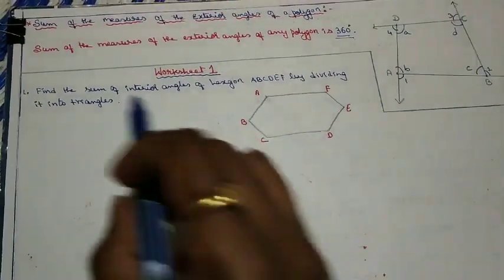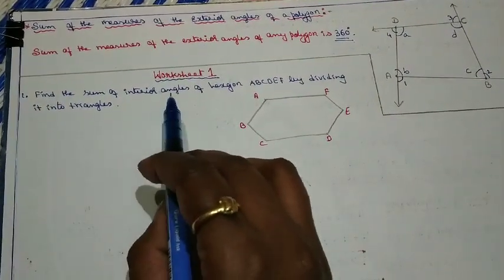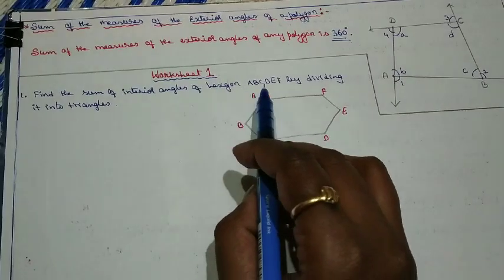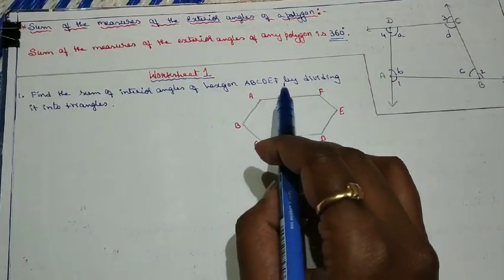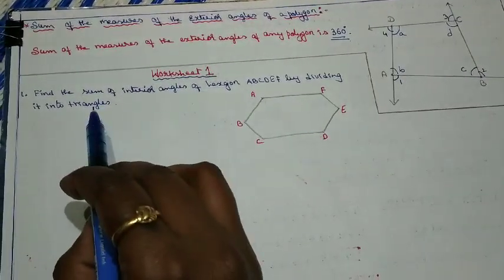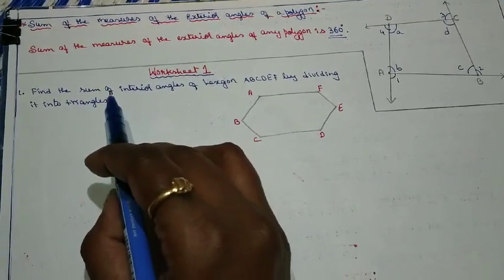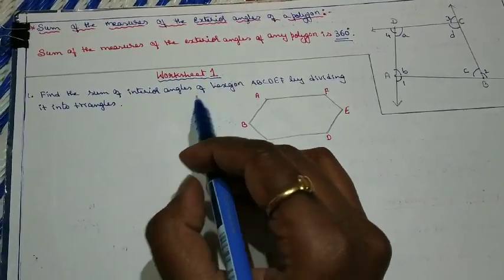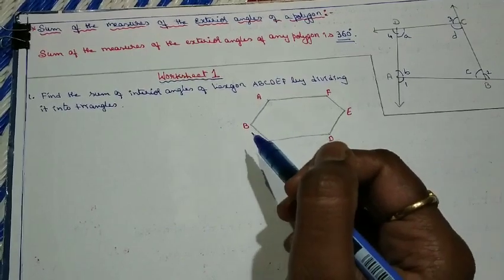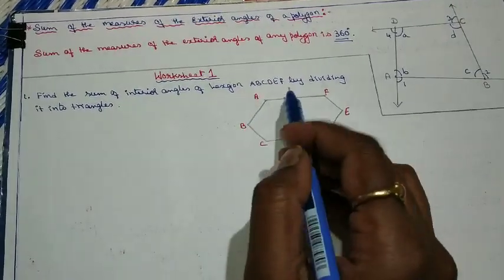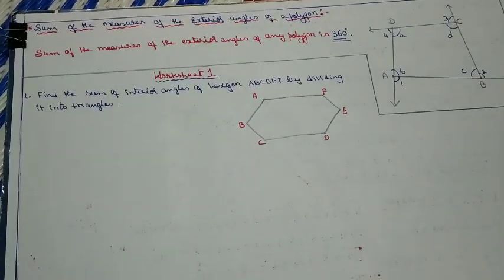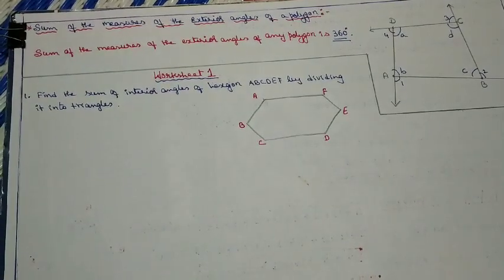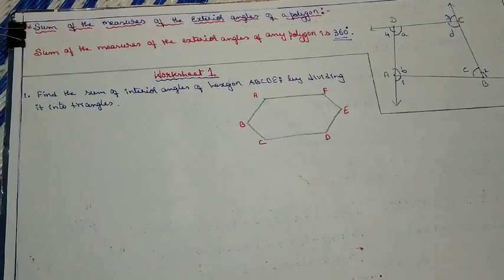So first question: find the sum of interior angles of hexagon ABCDEF by dividing it into triangles. We have a formula to find the sum of interior angles, that is (n minus 2) into 180 degrees. But in this question, we are asked to find the interior angles of the hexagon by dividing it into triangles.